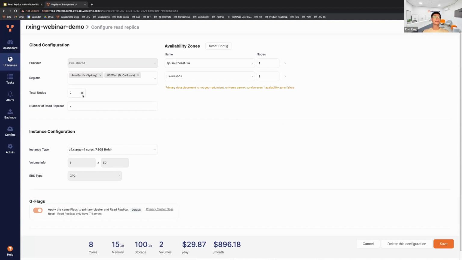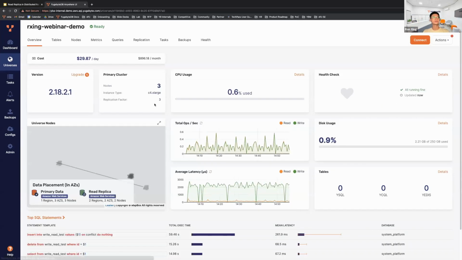If you have four nodes, but only two replicas, it means the four nodes will share the two copies of the data. For example, you have two nodes in Sydney, two nodes in California. Then the two nodes in Sydney will share one complete copy of the data, right? So that's the thing that you can tune for the replicas.